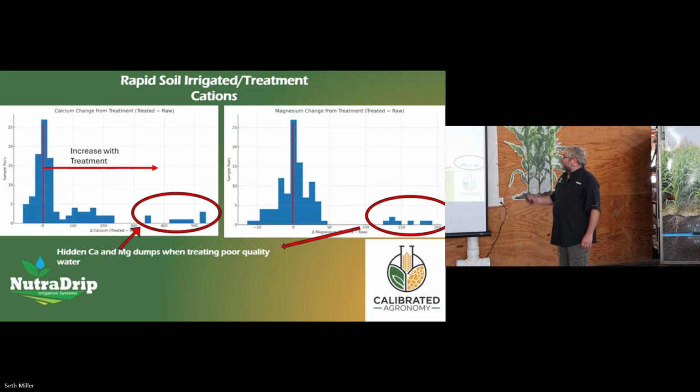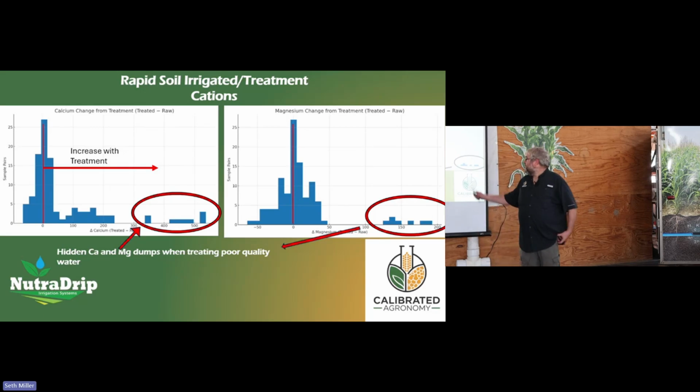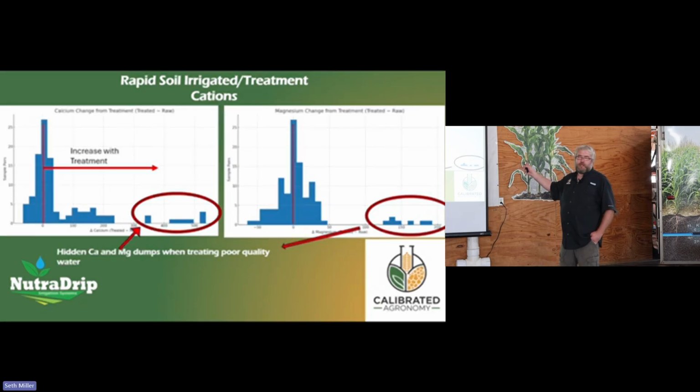So bring you through the calcium and the magnesium again. In general, when we treat with acids, we increase the calcium. A lot of times we want that, and that's good. And magnesium, we bring it up. But the real important thing I get from this is these outliers I've got circled, and they are big changes.